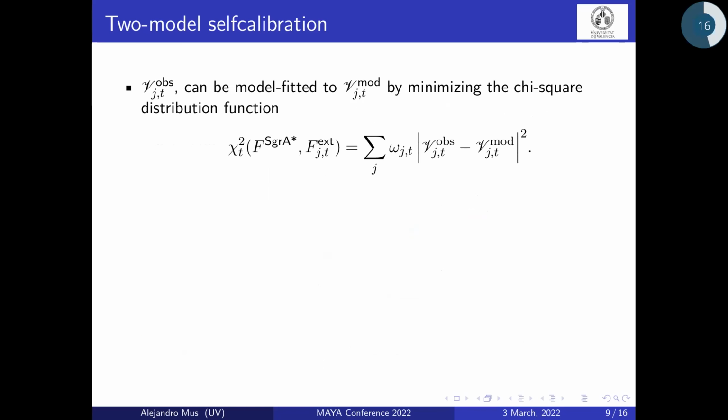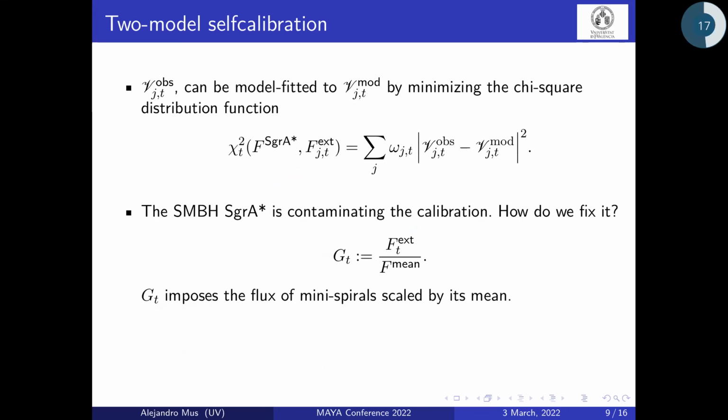Now let's go for the flux part. As probably all of you know, we can model fit the observed visibilities with the model visibilities by minimizing the chi-square. But still, how do we deal with the problems: the dominating source, Sagittarius A star, and the fast variability?